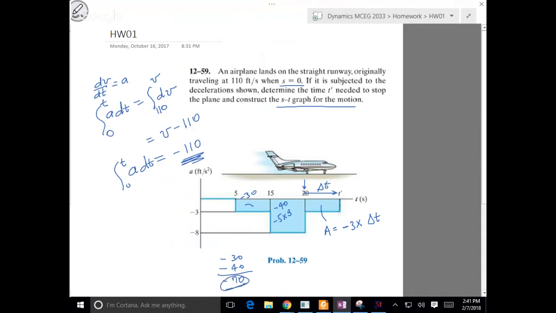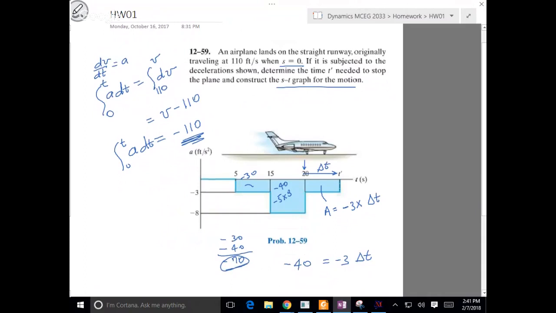So let's see, if I got 70 and I need 110, need 40 more, which is equal to minus 3 times delta T, which my time past that is what? 40 thirds. That sounds reasonable. So T prime has got to be 20 plus 13.3, or 33 1/3 seconds or so.